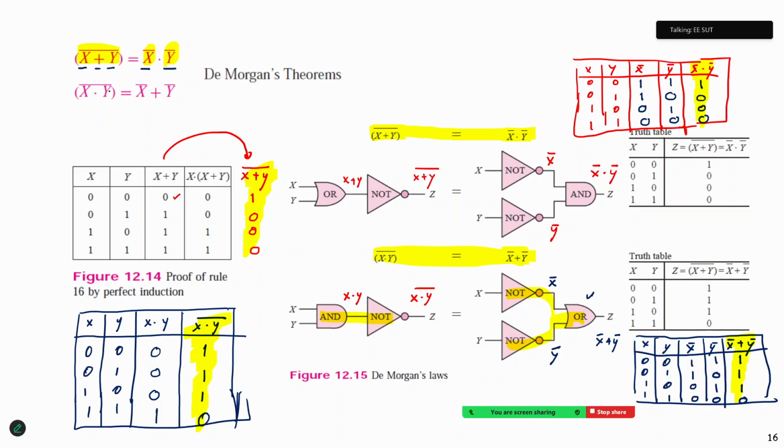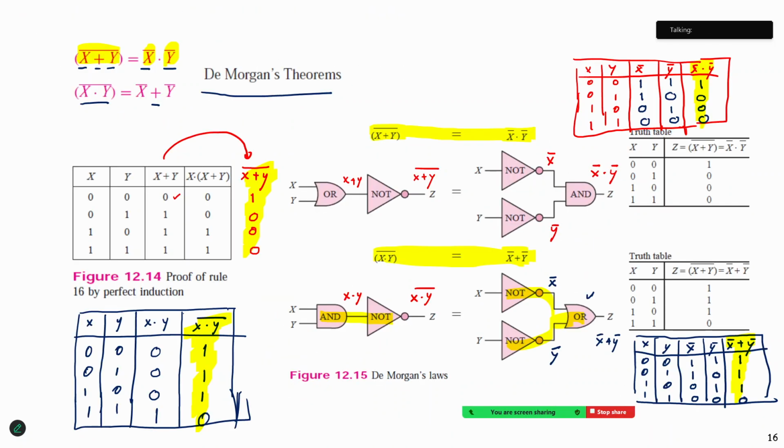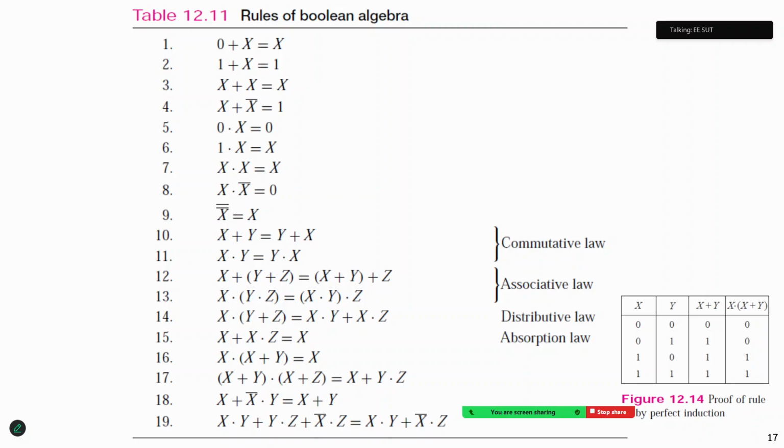And another rule is x and y, then inverse equals x inverse or y inverse. Okay, and then we call this De Morgan's theorem. So we have so many rules here.